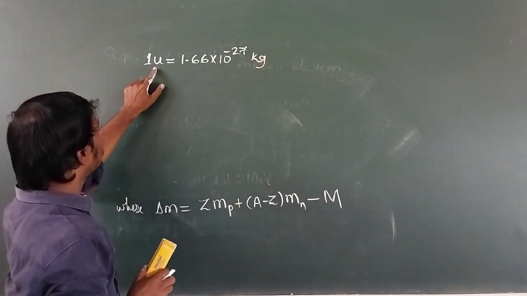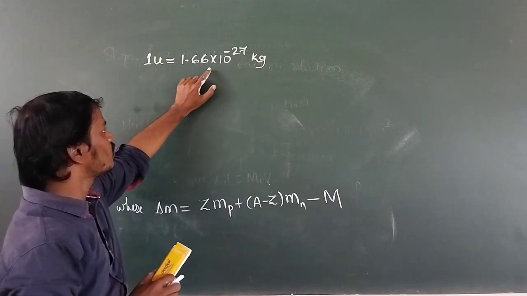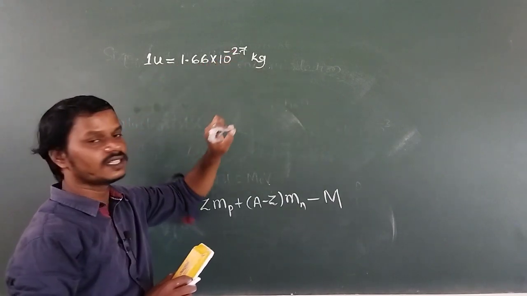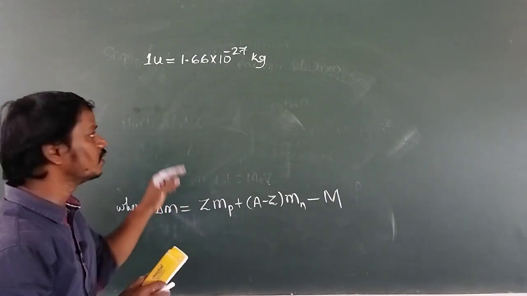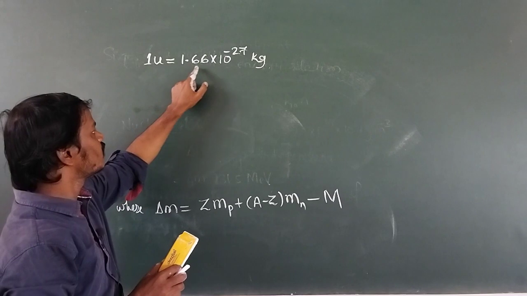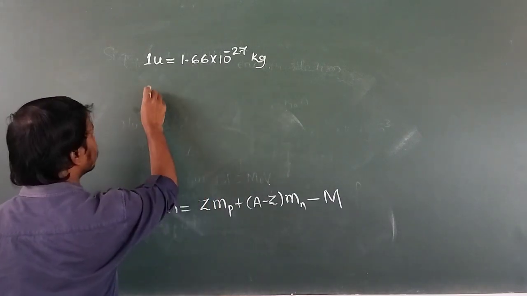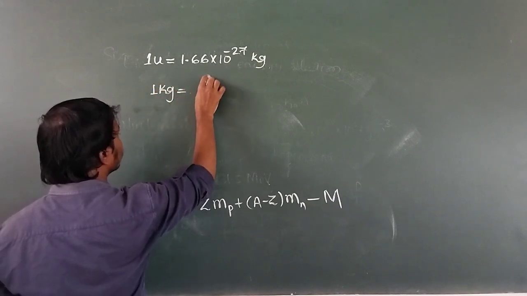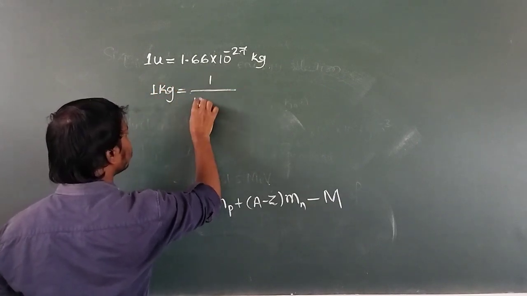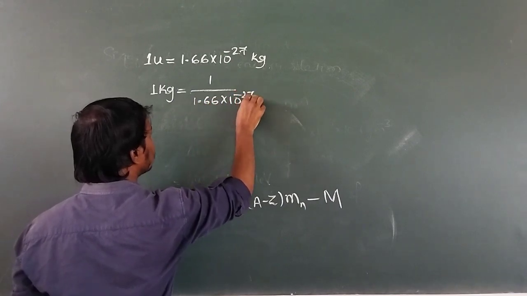In order to convert atomic mass unit to kg, we have to multiply by 1.66 into 10 to the power of minus 27. In order to convert kg to atomic mass unit, we have to divide by 1.66 into 10 to the power of minus 27, that is, multiply by 1 by 1.66 into 10 to the power of minus 27.